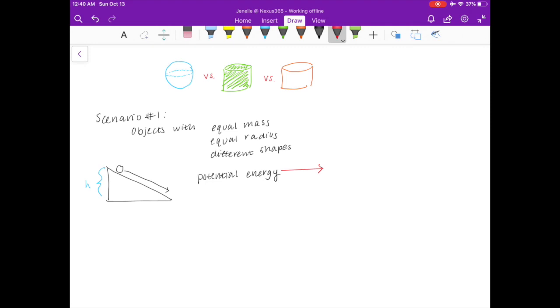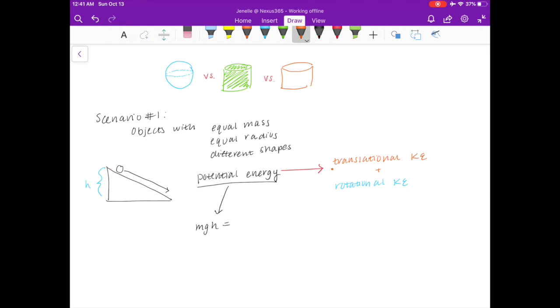Ultimately, we want to see which one of these shapes will roll down the incline the fastest. And so we know that they all start out with some sort of potential energy, and that potential energy is going to be converted into translational kinetic energy and rotational kinetic energy. And so your potential energy is just going to be the simple formula mgh.